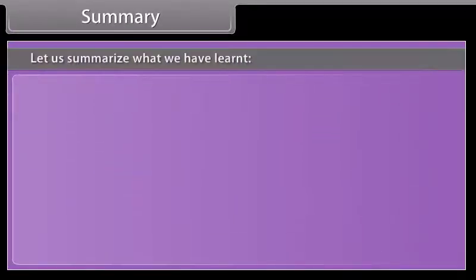Summary. Let us summarize what we have learnt. If A is equal to [aij] m by n, then A dash or transpose of A is equal to [aji] n by m.